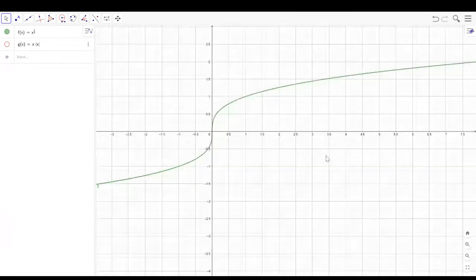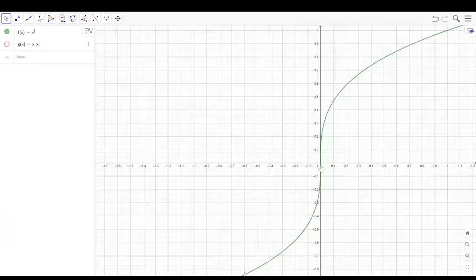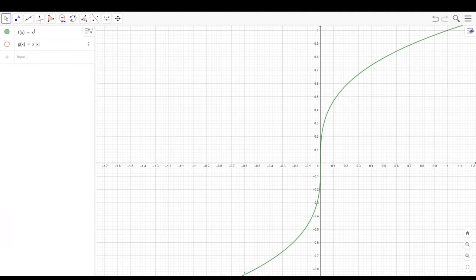But the question is, does it have a tangent line at x equals 0? And what's the slope of the tangent line? So who can tell me what is the slope of the tangent line at x equals 0? Who can tell me on the chat, or turn your microphones on?